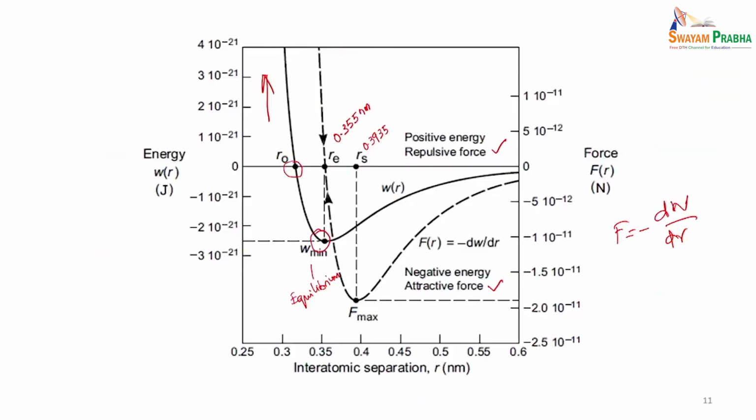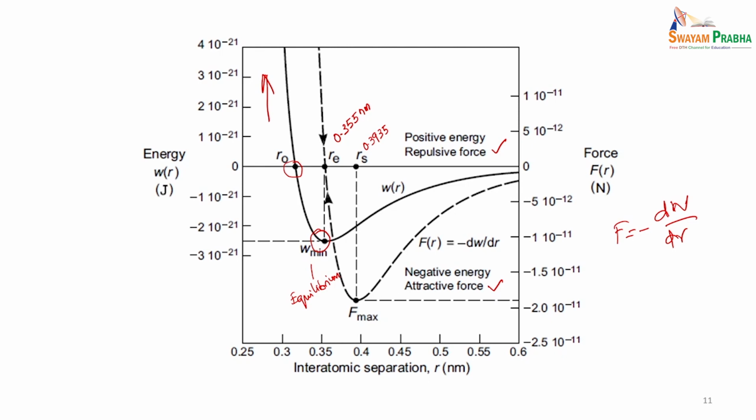So, if you see the Lennard-Jones potential, at this distance the potential is 0, at the same time at the factor of 1.12 its value is the minimum. At the factor of 1.24, between these two, the maximum force is observed.